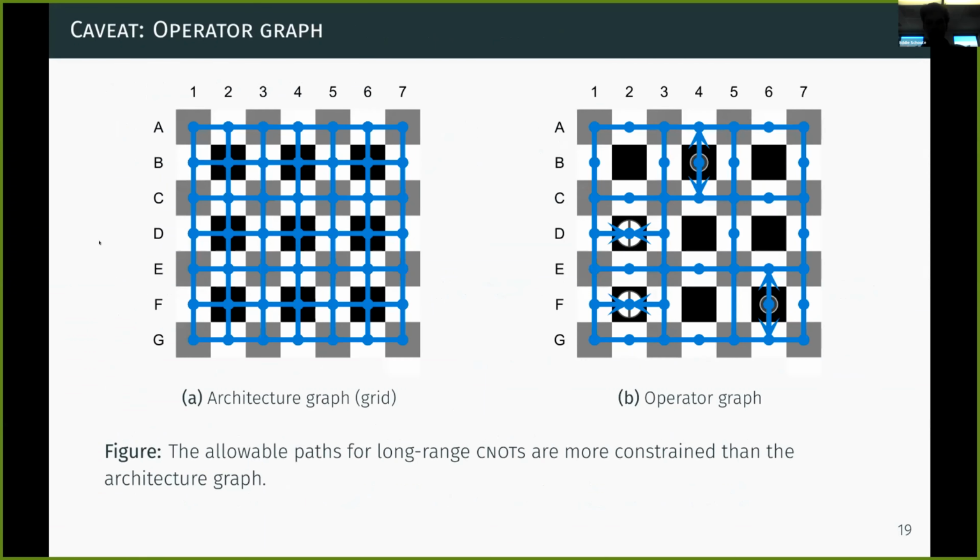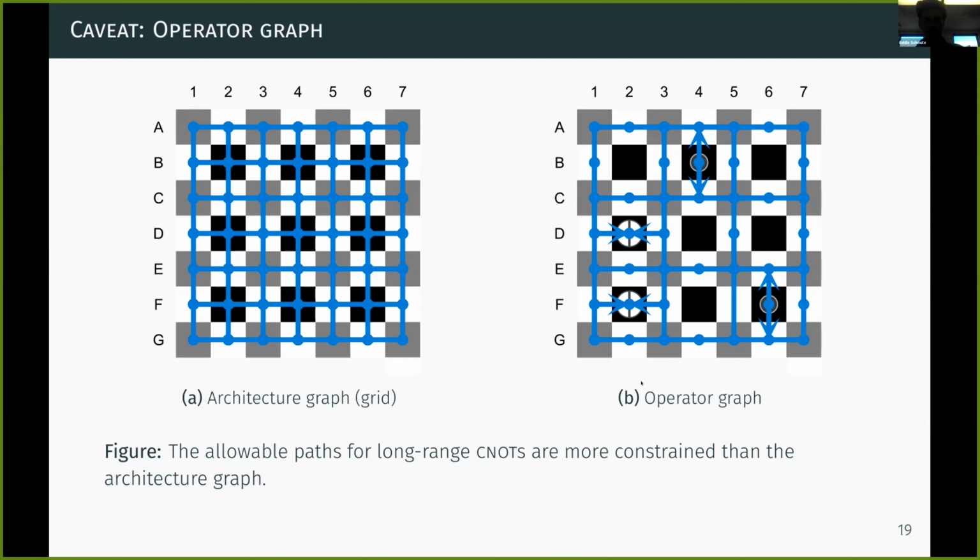Now there's one caveat. We're actually not dealing with grids for this edge disjoint path problem. We're dealing with what we call this operator graph, where you kind of have a grid, but it has holes for these data qubits, and we want to connect control qubits to the target qubits in particular, which is why you get these directed edges.